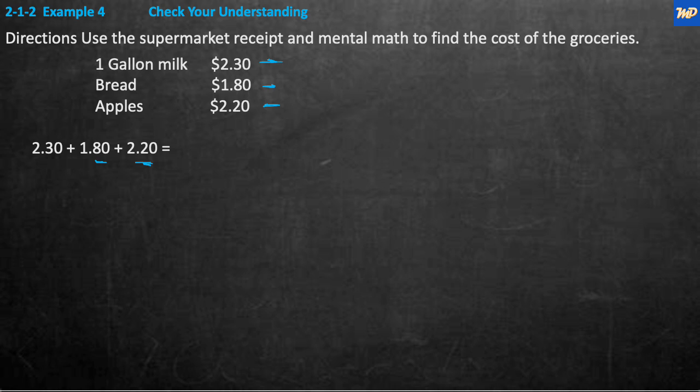So you have 1 plus 2 makes 3, plus the dollar that these two together add up to in your head makes another $1. So that's 4. So now we're at $4 here. And then what do we have over here? We have $2.30. And when we add these together, $4 plus $2.30 is $6.30.